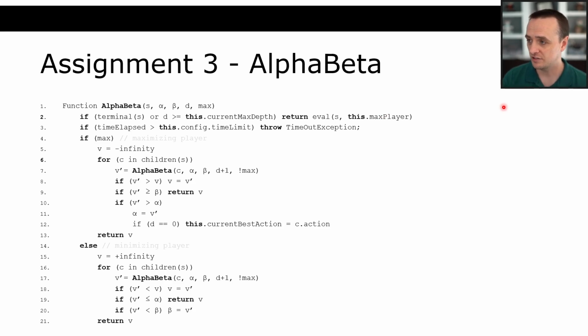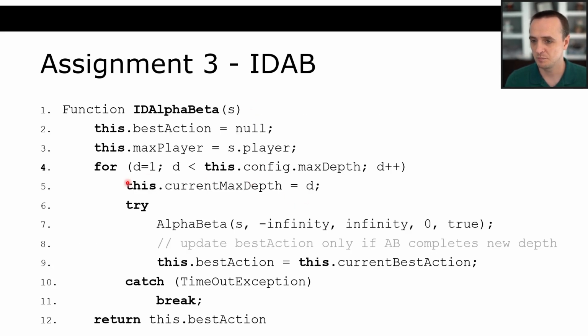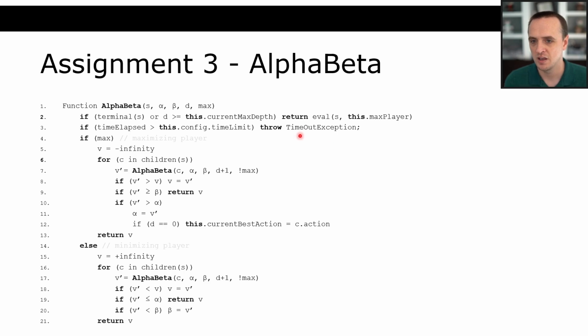And here, this is AlphaBeta. This is the entire algorithm that you have to write. You can take this and translate it into JavaScript, and your algorithm should just work. Okay? So it says, if the state is terminal, or the depth is greater than my current max depth, which was set by iterative deepening AlphaBeta, then I should return the evaluation. So that is a terminal node.